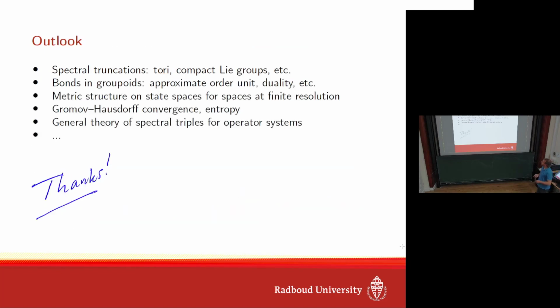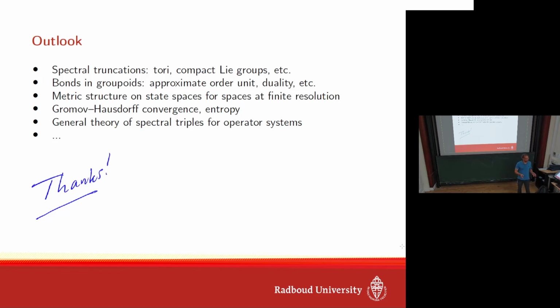So actually, the outlook would be to have more general examples or more cases of examples which could be studied. So maybe compact Lie groups, tori, we'll see in a moment how far we can get there.